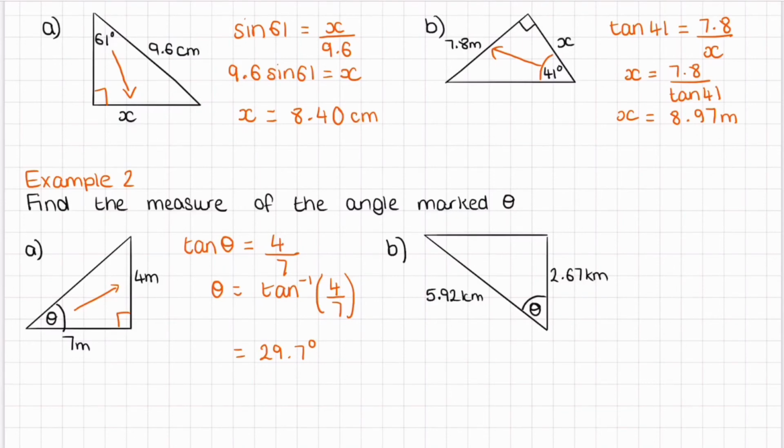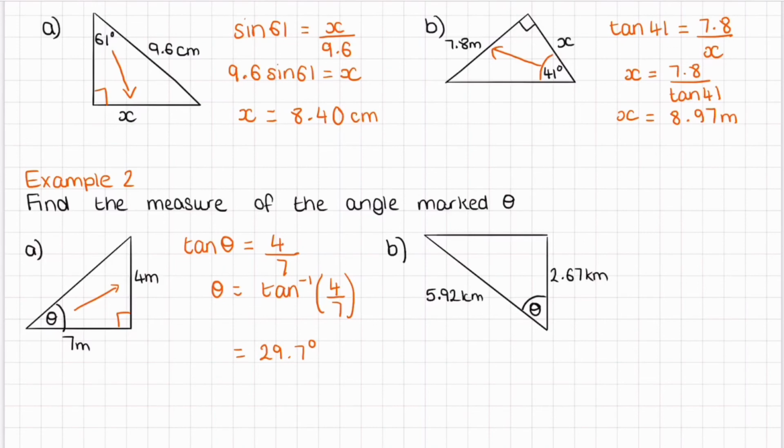On your graphics calculators, if you have one already, there is a little trig button on the calculator. Underneath the control button, there is a button next to the equal sign that says trig. If you press that, it will come up with all the possible trig functions. You just select which one you want, and then in the brackets, put the values that you need.